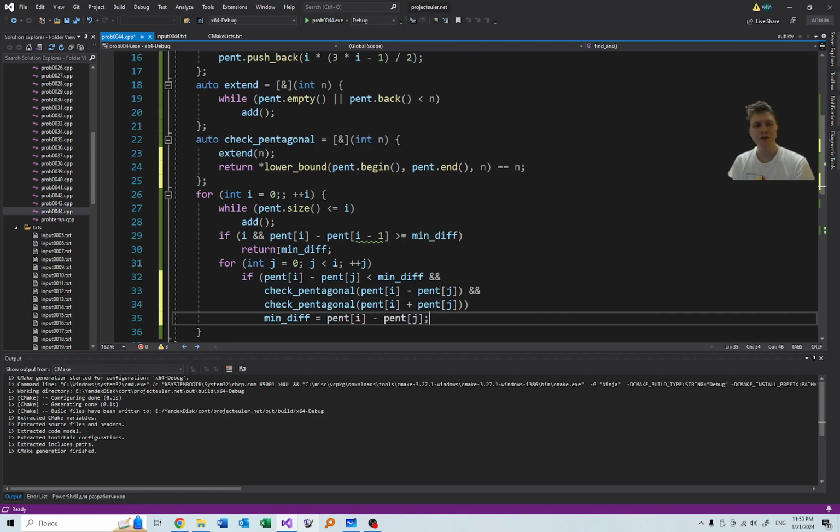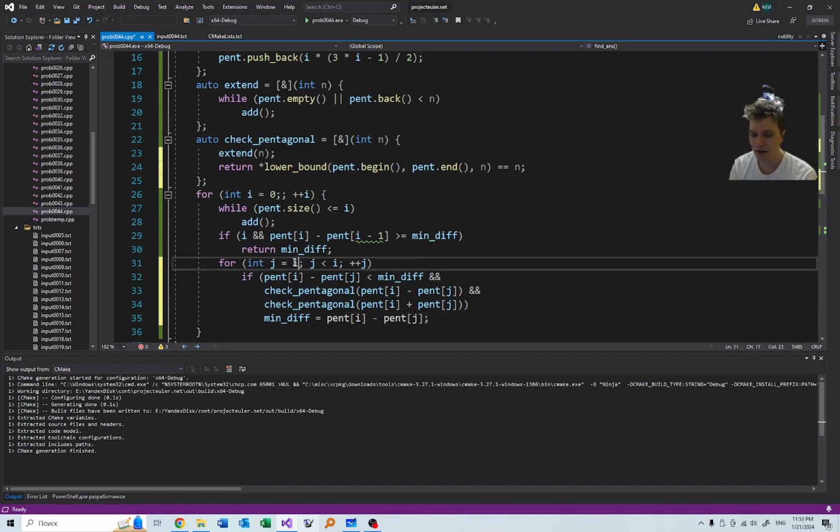It will work somewhat slower than we would like. To make it faster, let's start with i minus 1, j at least 0, minus minus j.